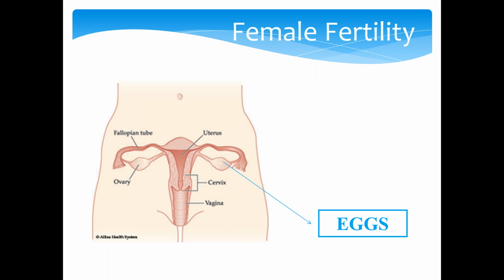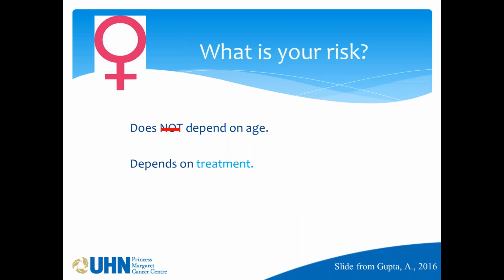So now we'll move on and talk a little bit about female fertility. Within the ovaries is where you store eggs. Usually women have about 2 million eggs from the time of birth. The difference between men and women is that for men, fertility is not dependent on age, whereas for women it is.